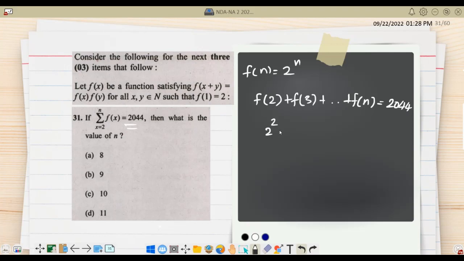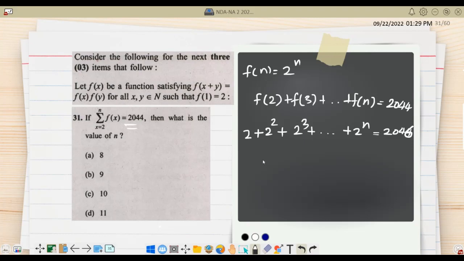So this is 2 square plus 2 cube plus up to 2 power n equals 2044. Actually, this is a GP that is missing its first term. We can add a 2 and also add a 2 to the right hand side. So this becomes a sum of a GP with common ratio 2.